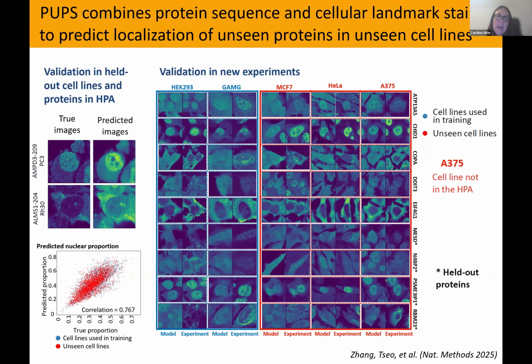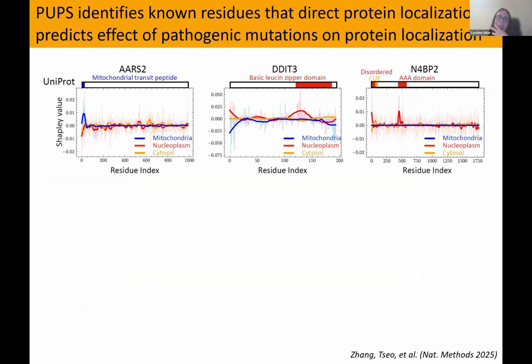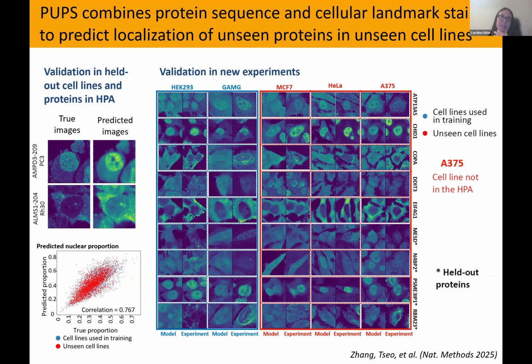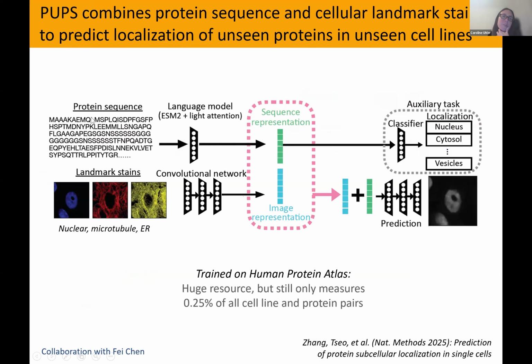But you can do other things which, maybe from a disease perspective, are more interesting. Because if I go back, I can also ask questions like, if I have a mutation in a protein coding sequence and I make this mutation here, you can then predict where that protein will be localized with this mutation. And so then you can look at where a protein is localized in the normal setting and where it is localized with the mutation.